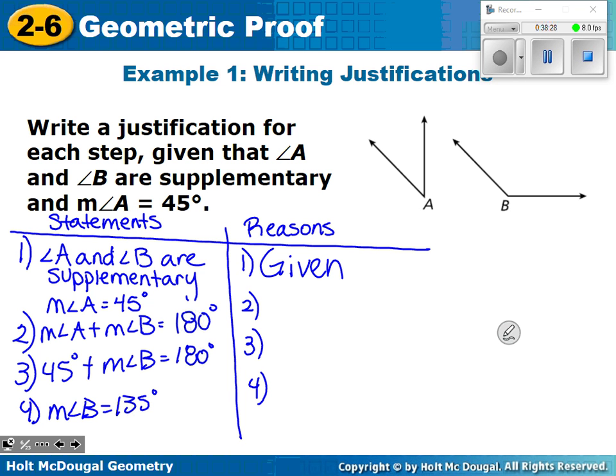So take what they just gave you and see what reason that gave me for this. So number 2 should be definition of supplementary. You cannot just write supplementary. You have to write definition of supplementary.